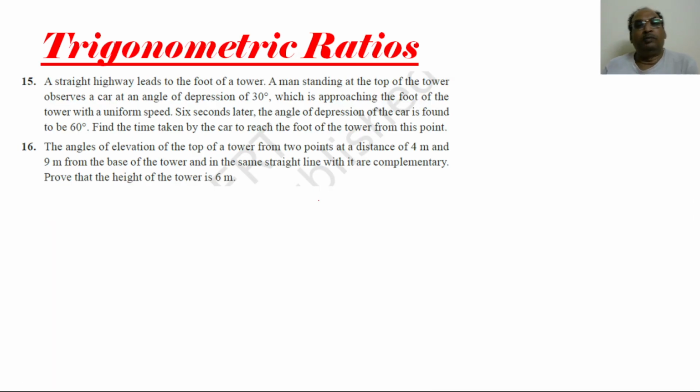Let us solve question number 15. A straight highway leads to the foot of a tower. A man standing at the top of the tower observes a car at an angle of depression of 30 degree.